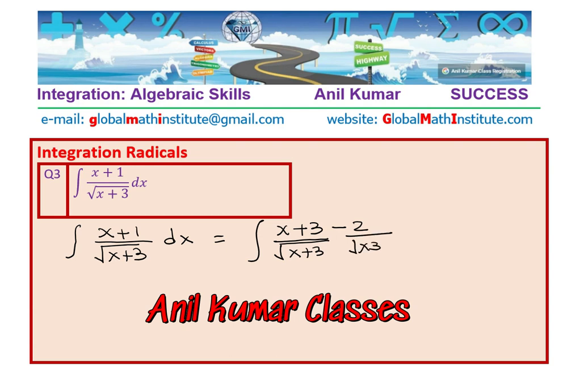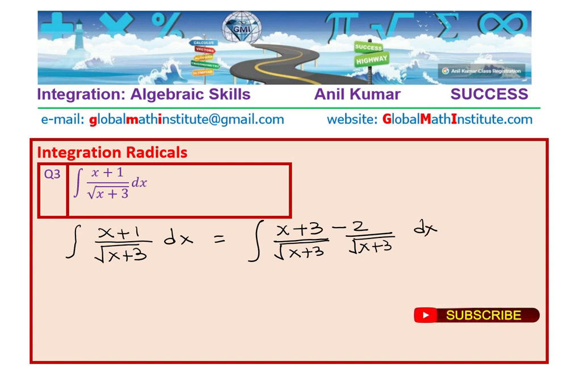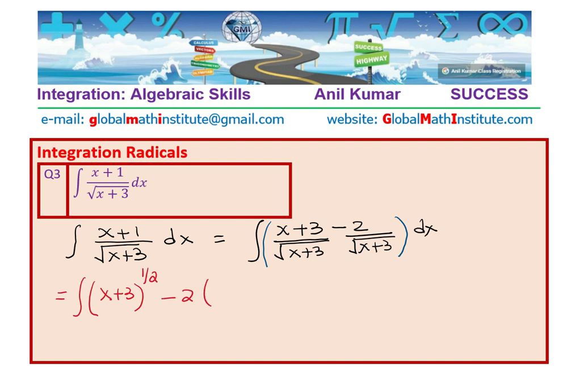Do you see how simply we have done this? Understand this strategy, it will really help you. And of course, both will be in the bracket. Now it is very simple, since we can rewrite this as the integral of x plus 3 to the power of half minus 2 times x plus 3 to the power of minus half dx. Is that clear to you?